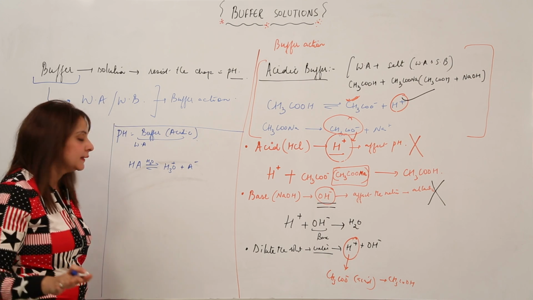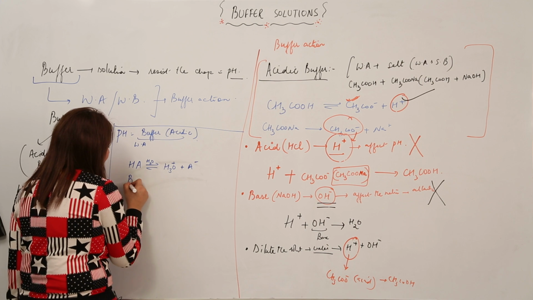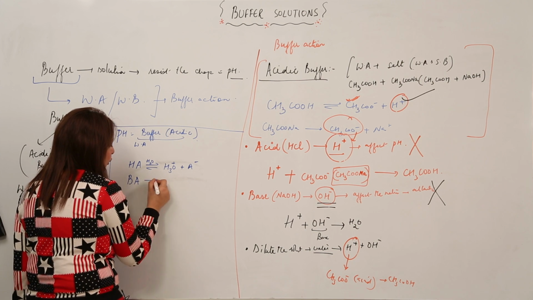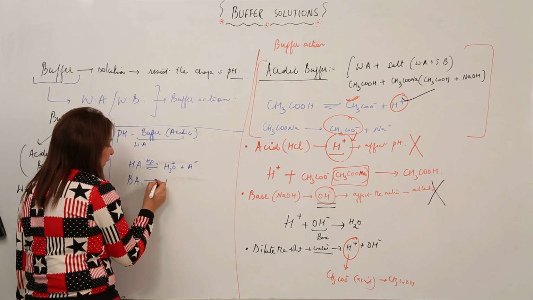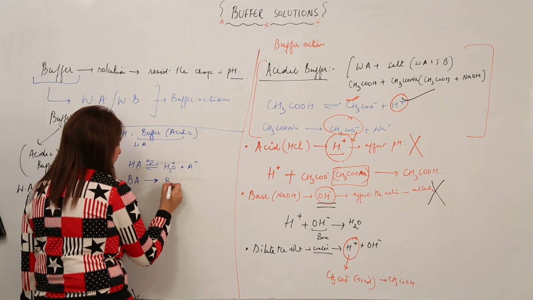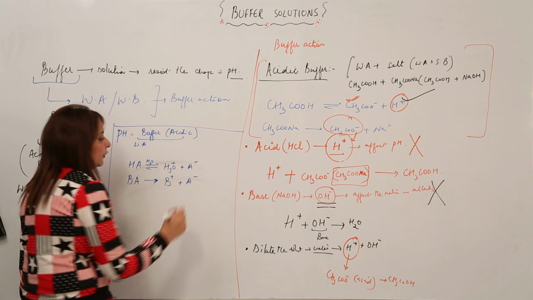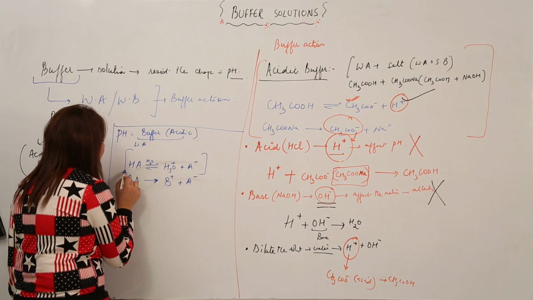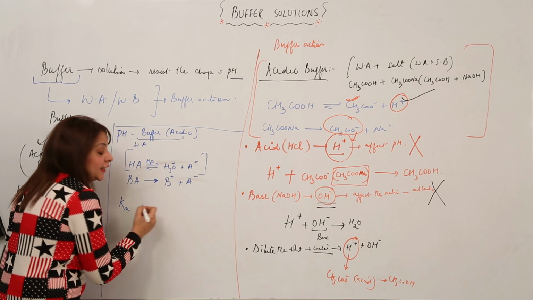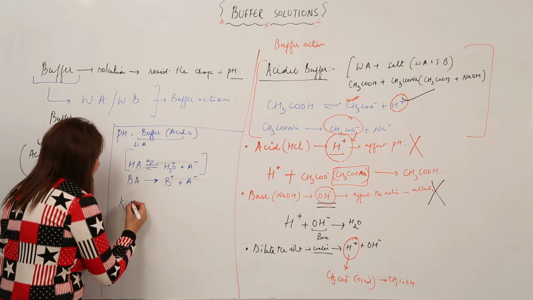You know that, right? And similarly, we have a salt also, of weak acid and strong base. It will completely dissociate. We know it is a strong electrolyte. It will form this, right? So for this, I can write the equilibrium constant expression, or you can say the ionization constant for an acid expression.